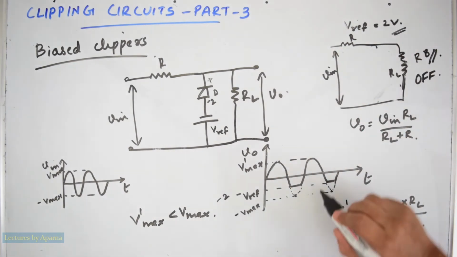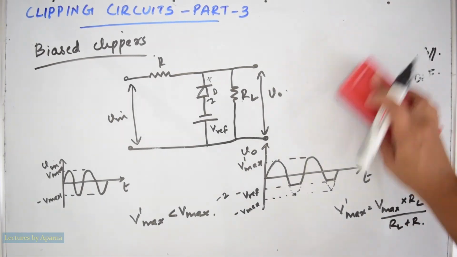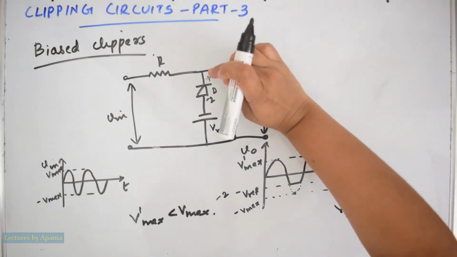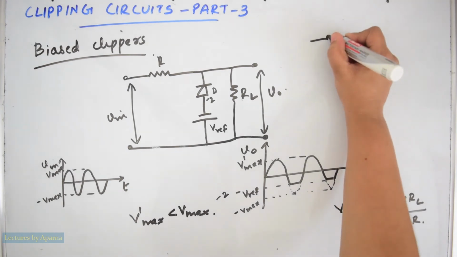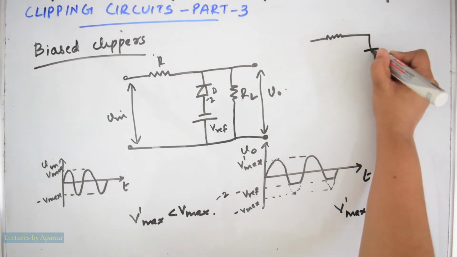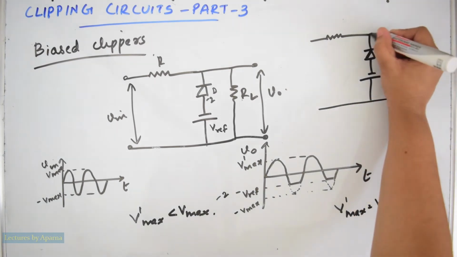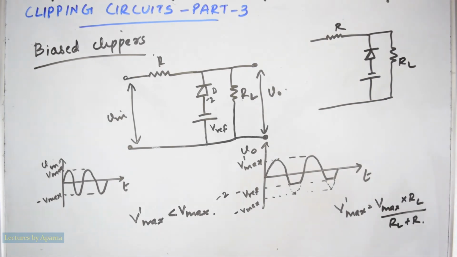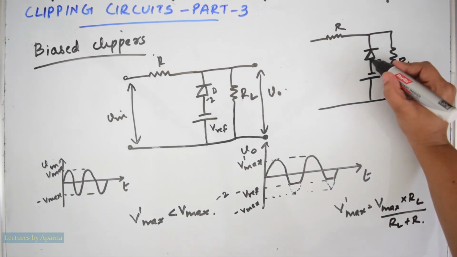Now let's see the negative half cycle. In negative half cycle, what is happening? So I am drawing the circuit here. This is RL and this is R. There is a minus 2 volt at the anode of this diode.